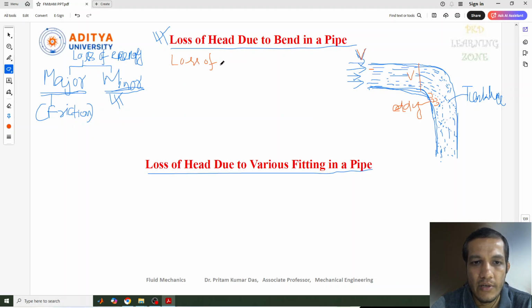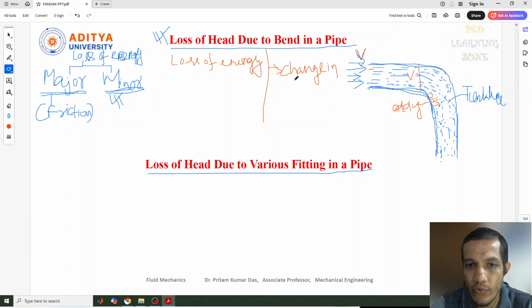Loss of energy takes place. So the loss of energy we can write, though it is due to the bend. Now, due to the bend in the pipe, what things are affecting the fluid flow? We can see there is a change in fluid direction.